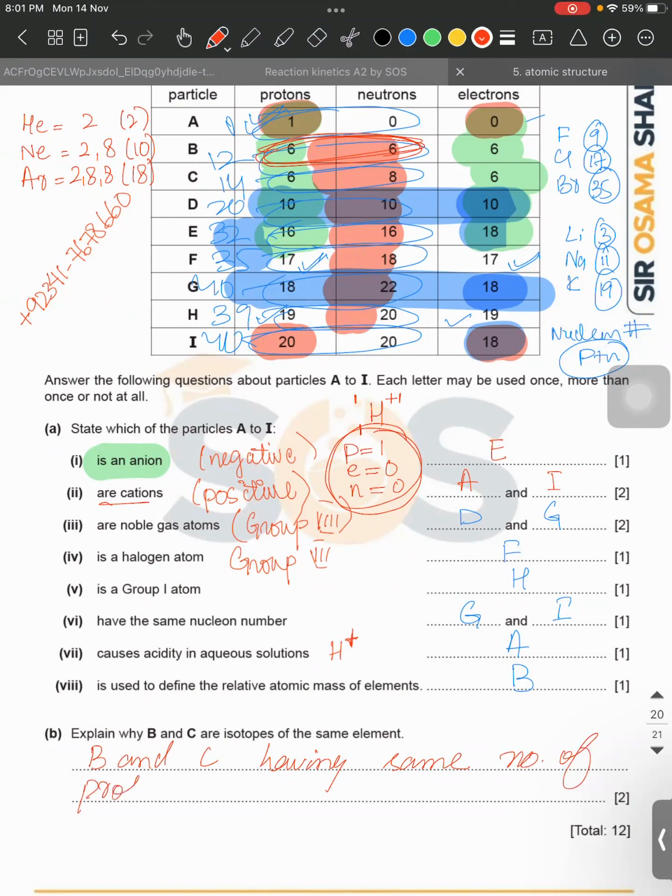Proton number ना लिखें इधर, same number of protons लिखें, और ये एक नंबर मिल गया, और दूसरा नंबर मिलेगा आपको लिखने के लिए, different number of neutrons. आपने यहाँ number of neutrons लिखना है, nucleon number नहीं लिखना है, क्योंकि जब उसने उसको दिया ही नहीं है, so how can you conclude by the neutron number and proton number? So you must need to use protons and neutrons to explain your answer in part B.